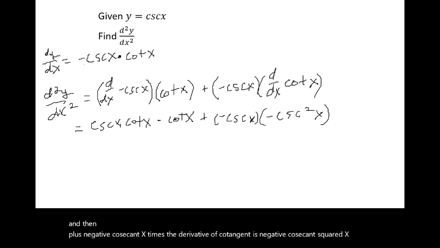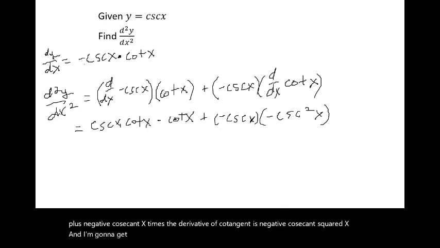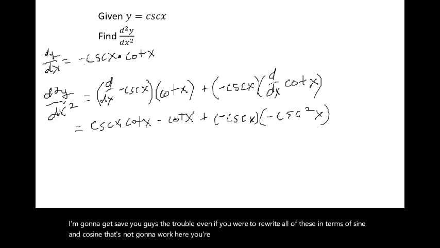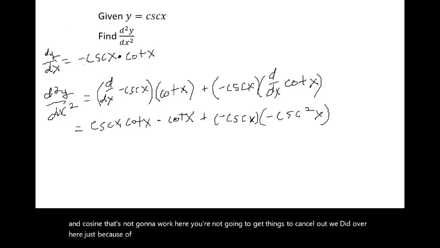And I'm going to save you guys the trouble. Even if you were to rewrite all of these in terms of sine and cosine, that's not going to work here. You're not going to get things to cancel out like we did over here, just because of the nature of what trig functions we had.